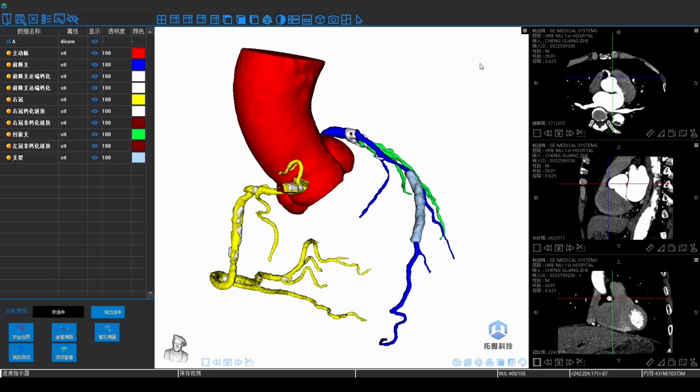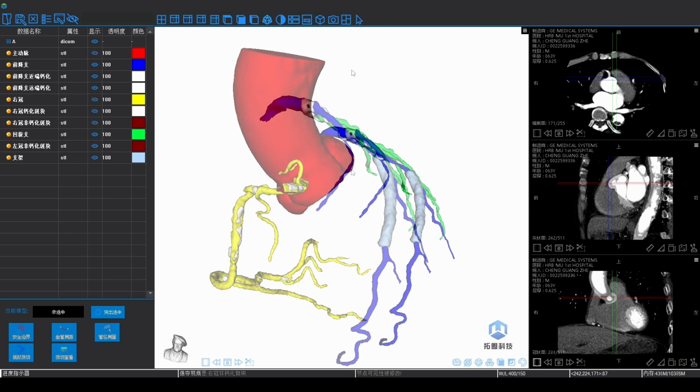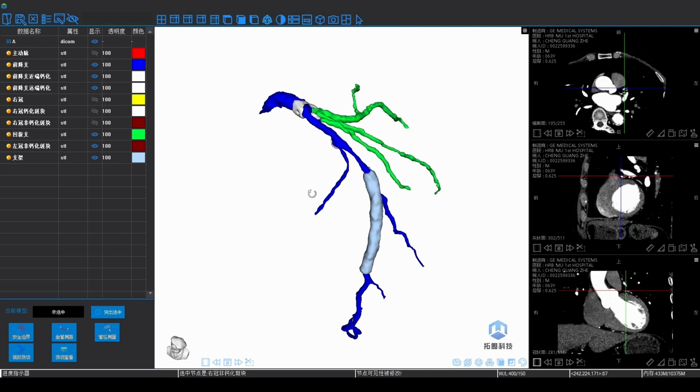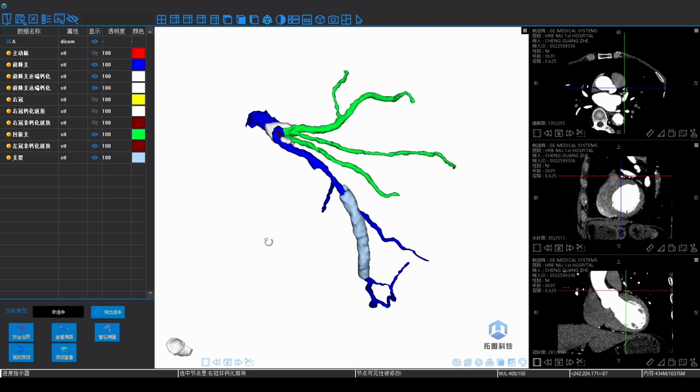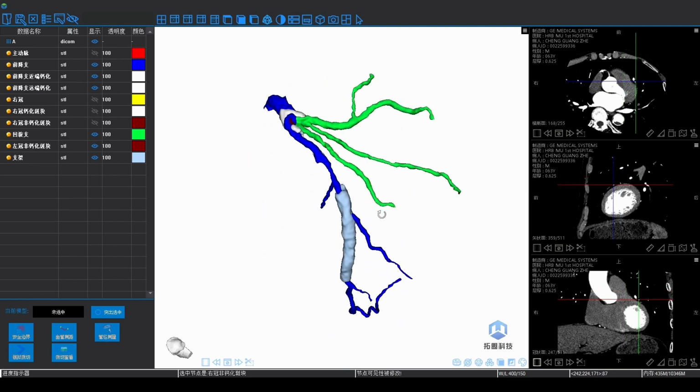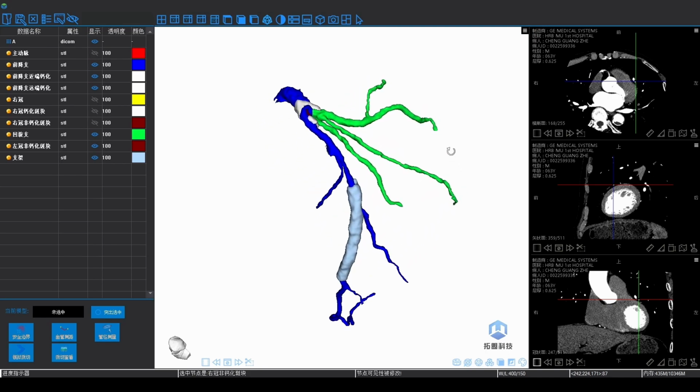We can see the reconstructive view of aorta, coronary arteries, and their plaques. We can focus on the left coronary artery now. There is also severe stenosis in the proximal LAD, and we can see severe calcification in the proximal LAD and also in the ostium of the LCX. We can see almost 360-degree calcification.